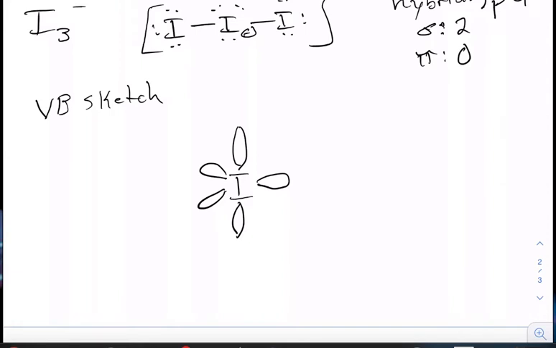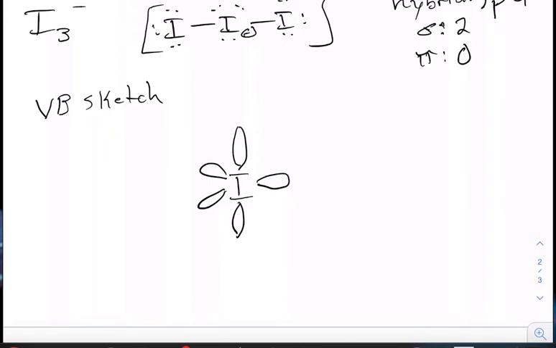So we're just drawing our hybrid orbitals in all the directions of a trigonal bipyramidal geometry, or as best we can. Now, for this geometry, there is one thing that's important, right? Trigonal bipyramidal has different locations. We have the axial positions going up and down, and the equatorial positions making that trigonal planar part that's perpendicular to the linear part.